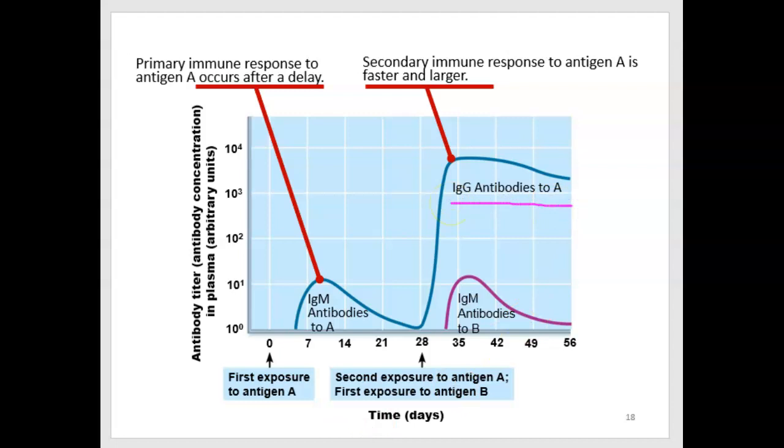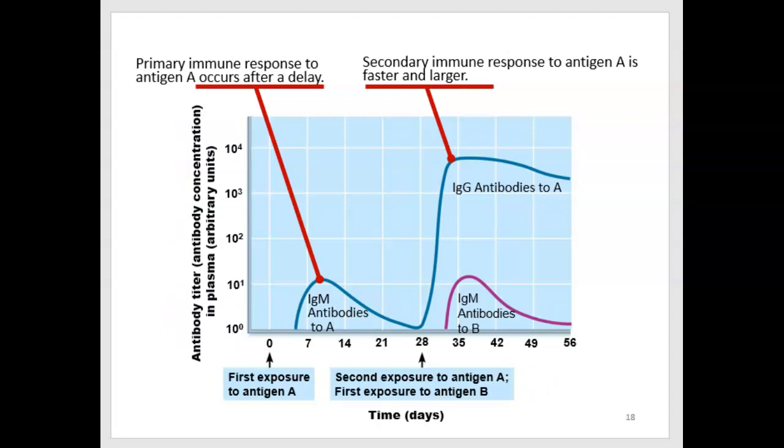So I'm going to point that out again as I go through this graph that shows the plasma concentration of an antibody, a specific antibody for a particular antigen, on the y-axis, and how that concentration changes over time. So time is in days on the x-axis.